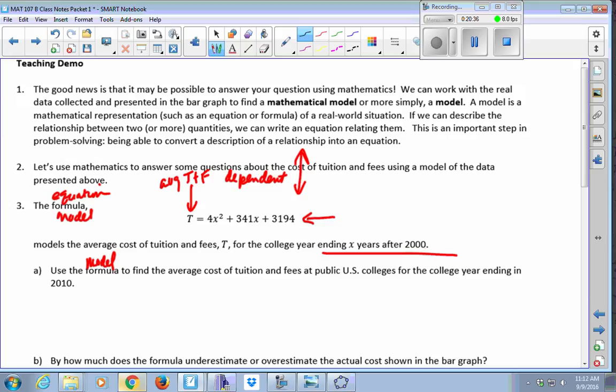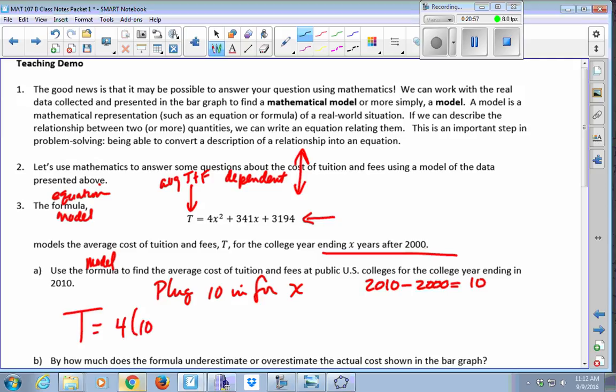Okay, you plug 10 into the x's. Plug 10 in for x. And where did you get the 10, Eric? Right. You take the year you're interested in and you subtract from that 2000, which is your starting year, and you get 10. So where I see x, I'm going to put in a 10.